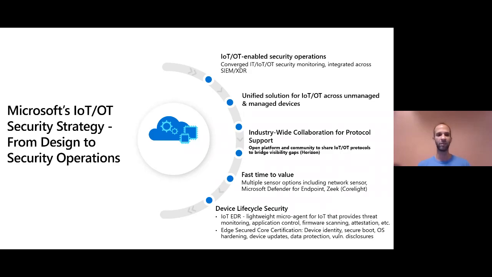Now, our strategy is from design to security operation, meaning that our goal eventually is to secure every IoT device that you have in your organization end to end. So we start with building devices in a secure manner. And on top of that, our goal is to provide the security operations while using IoT and OT devices with the security and protection that they need. In order to achieve this capability, we have to rely on a wide range of protocol coverage and discovery.